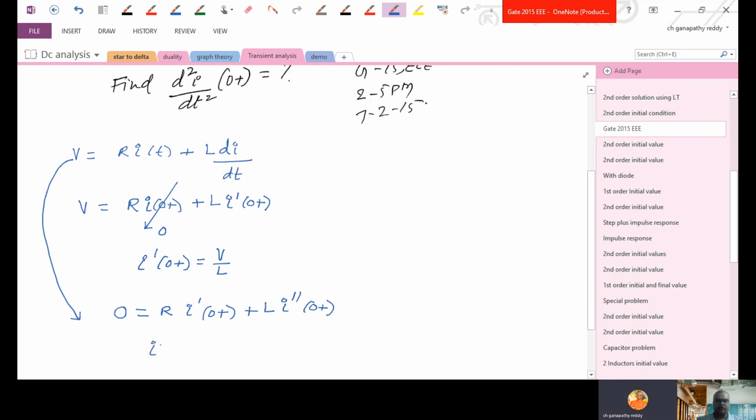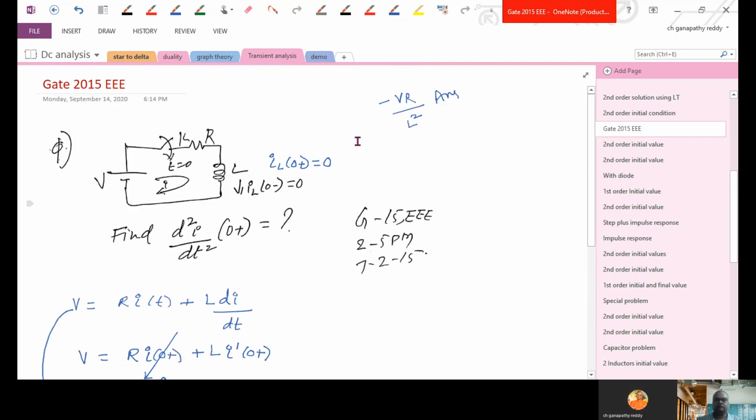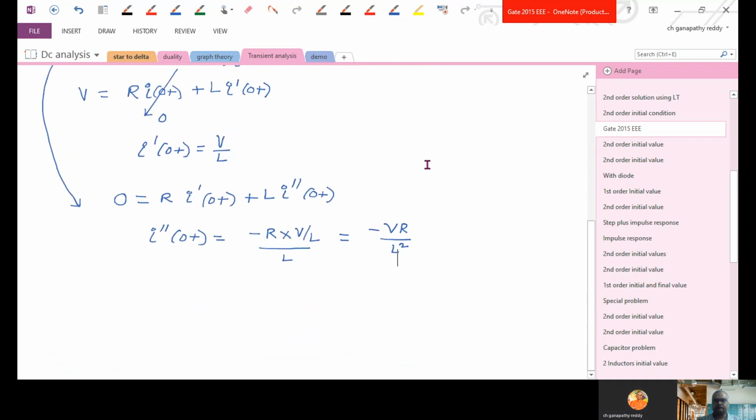So from this, I double prime(0 plus) equal to minus R into I prime(0 plus), and I prime(0 plus) is V by L. So this is minus R into V by L by L, so minus VR by L square.